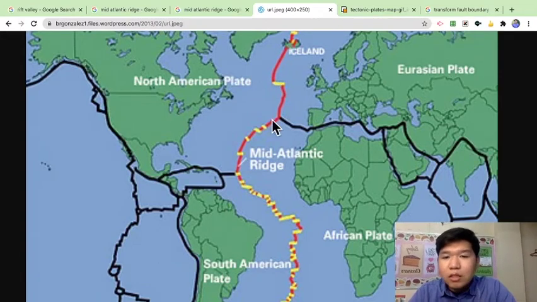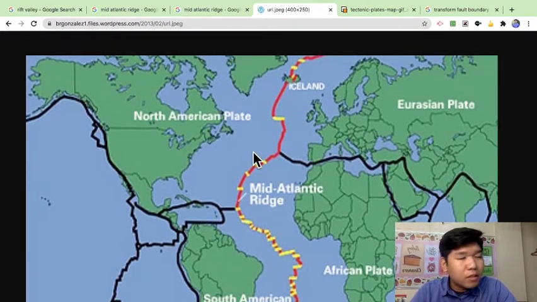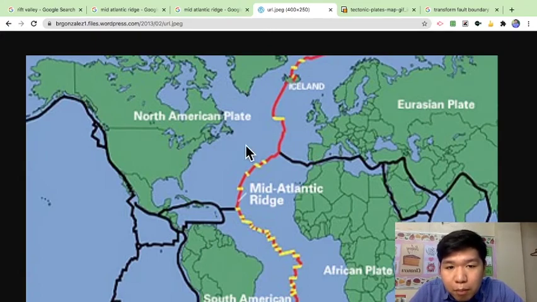Let's just zoom in a little bit more so that we can actually see that. Okay, we cannot zoom anymore. This oceanic plate here is moving this way. And this oceanic plate here is moving this way. And this oceanic plate is moving this way, and this oceanic plate is moving this way.